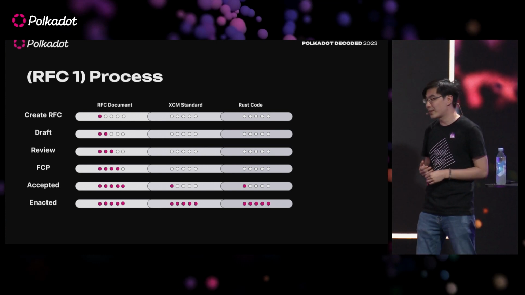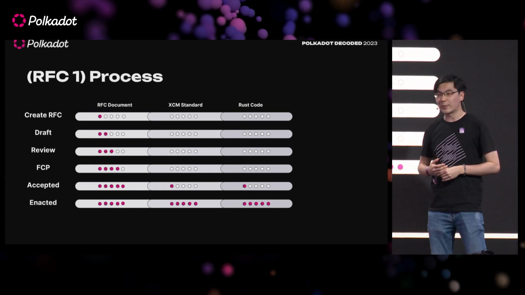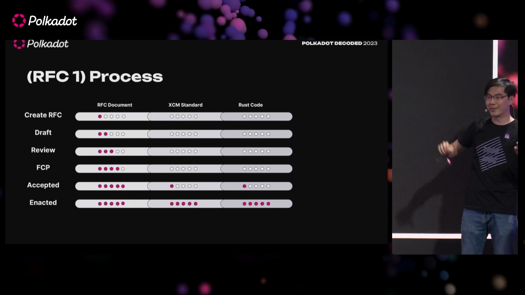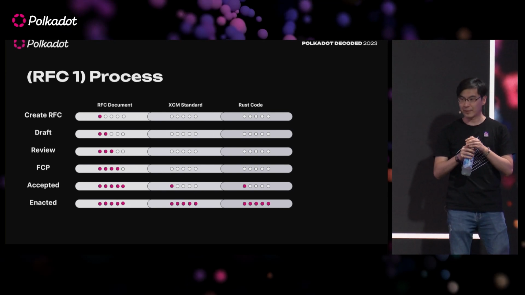As I mentioned before, we already know ahead of time that this process is not as organized and ordered as we would like it. But if you have any ideas, please come to us, open an RFC. Even this process itself is an RFC by itself. This is RFC number 1.